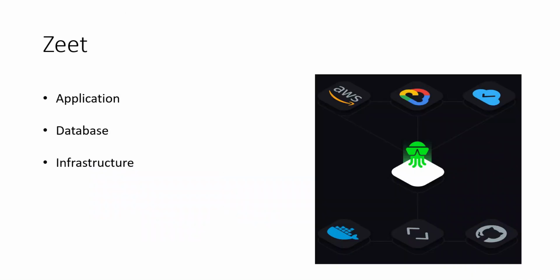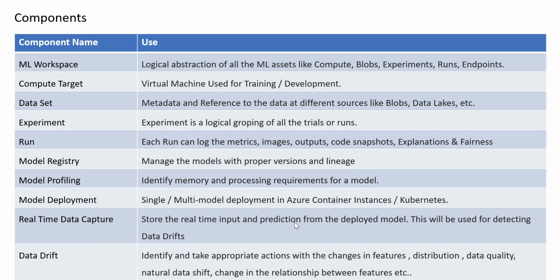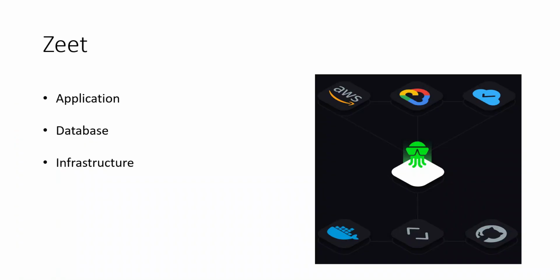So why did I use ZEET? ZEET is basically an application that provides multiple cloud platforms. So we can see AWS, Google Cloud Platform, and Microsoft Azure. This also can be done by taking Docker images and also building Docker images from the GitHub repository.